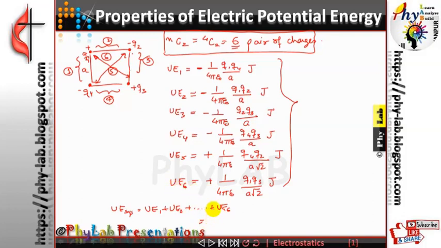You will find that 1 upon 4 pi epsilon naught is common and 1 upon A is also common.